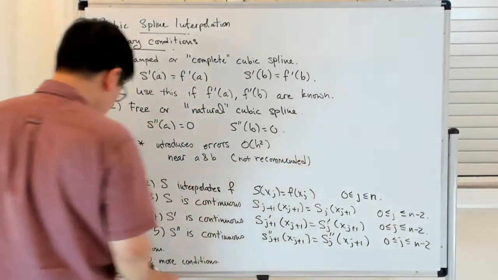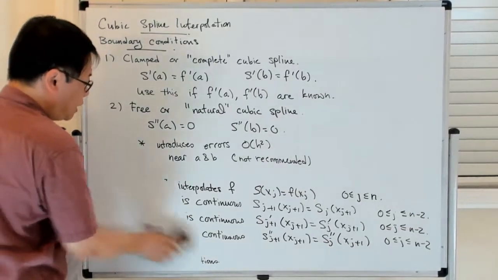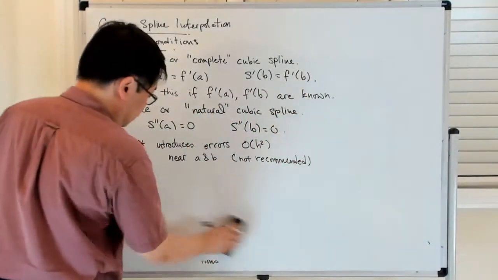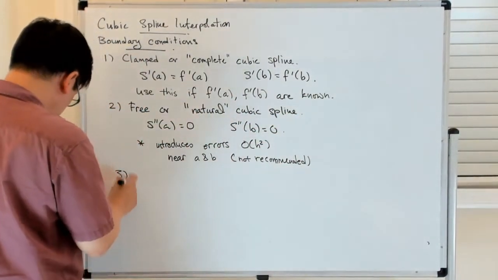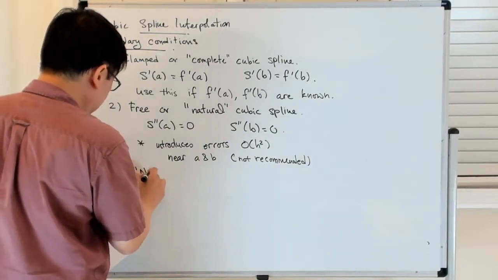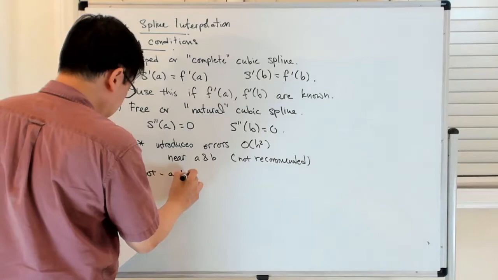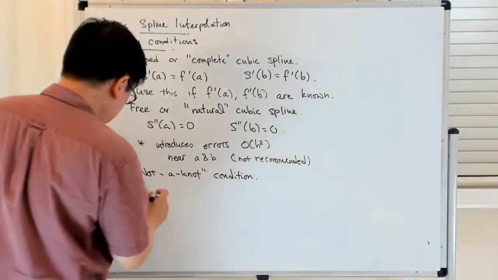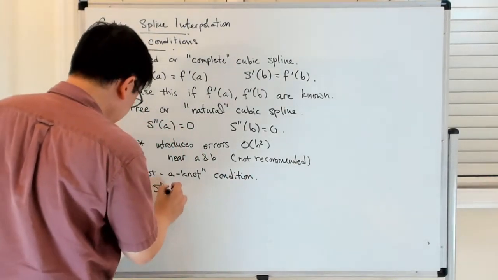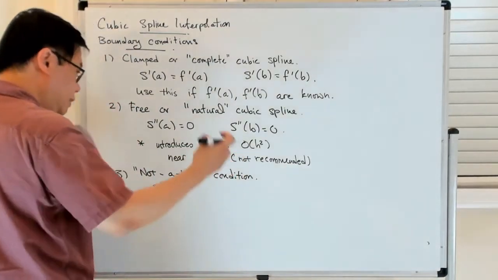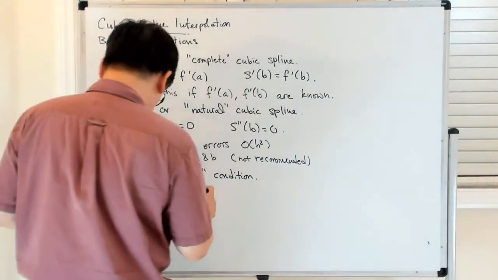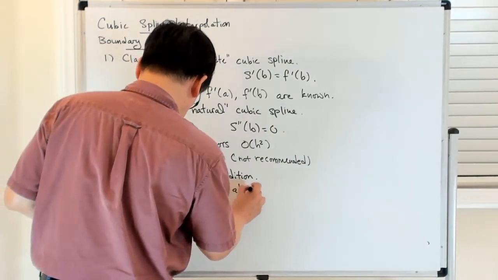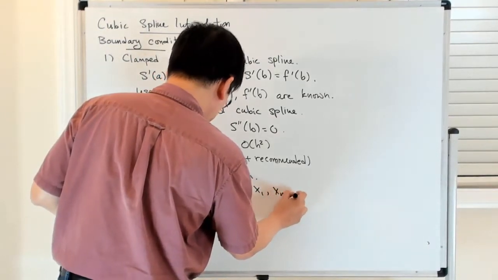And then another possibility is what's called the not-a-knot condition. So not a knot, which is that S triple prime is continuous at the interior points which are closest to the endpoints, x1 and xn minus 1.